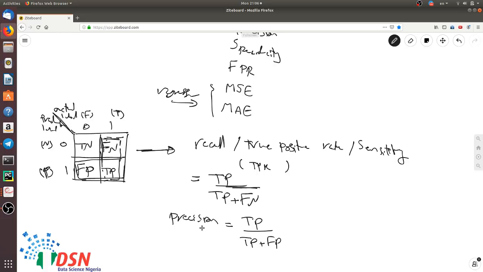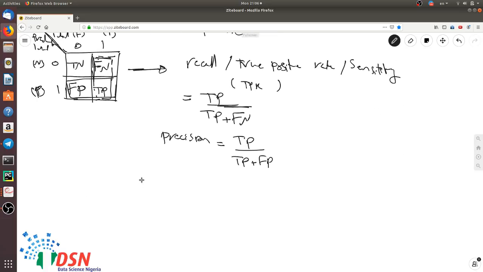So this is precision. And we could define specificity as true negatives over true negatives plus false positives.